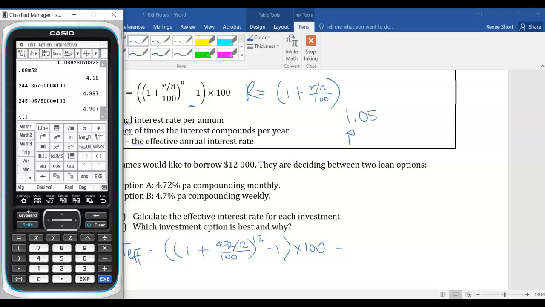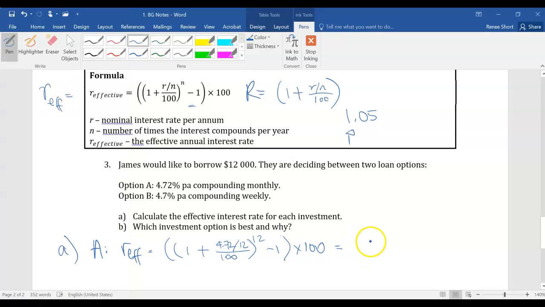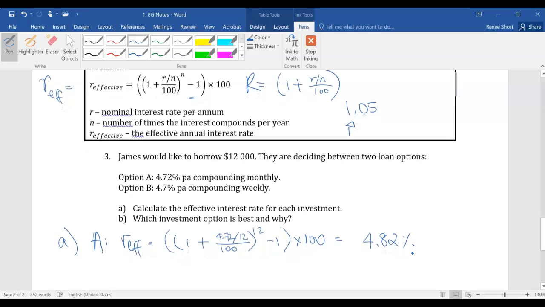So I've got 2 brackets, 1 plus, and then the fraction, 4.72 divided by 12 over 100, close my bracket, to the power of 12, minus 1, close my bracket, times 100, and we get 4.82%. So that effective rate right now is 0.1% higher than that annual rate, okay?